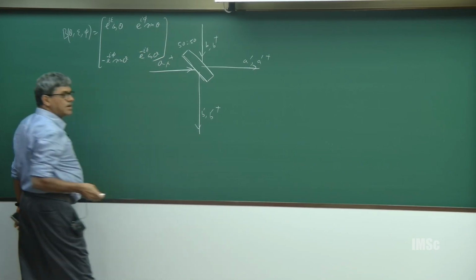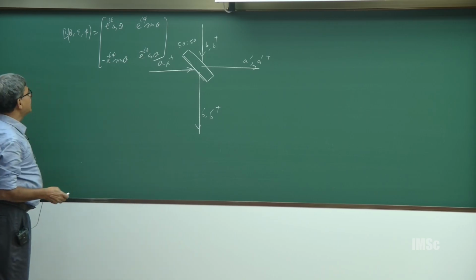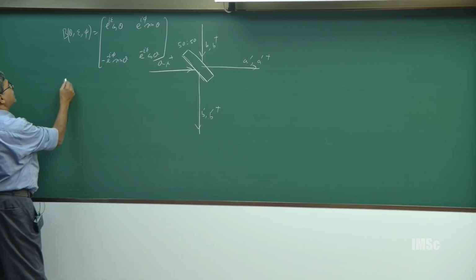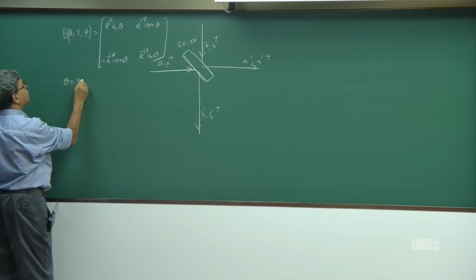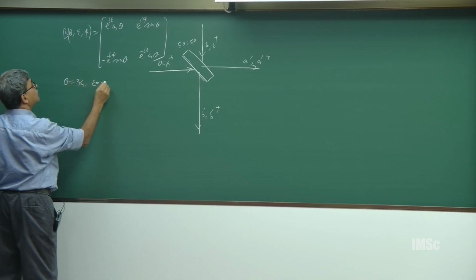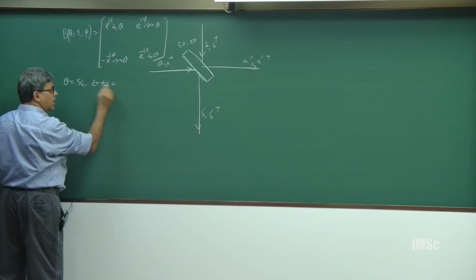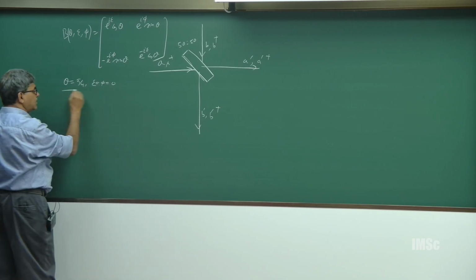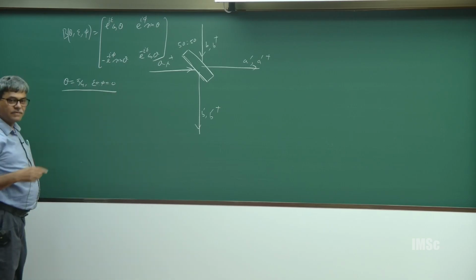If I take this beam splitter matrix, which is a unitary matrix, then I take basically theta is equal to pi by 4, epsilon is equal to phi is equal to 0. Now, one could take other phases also, but for simplicity, this is the thing.